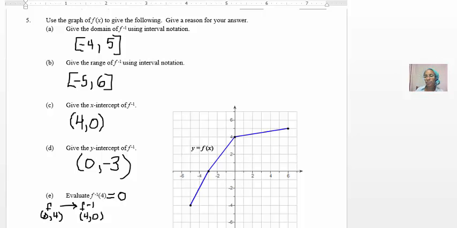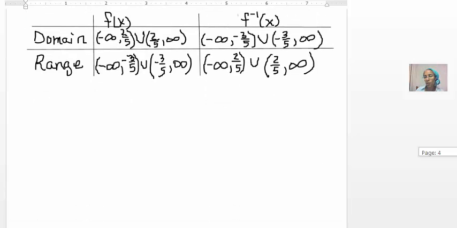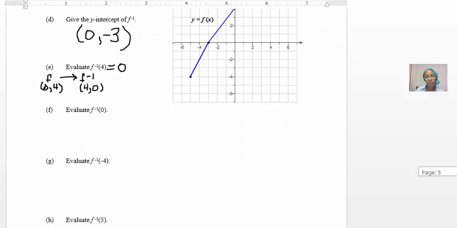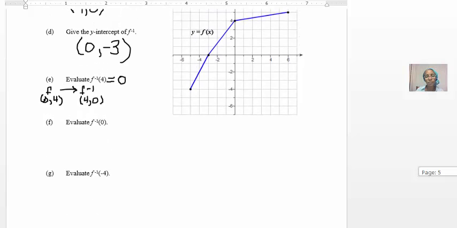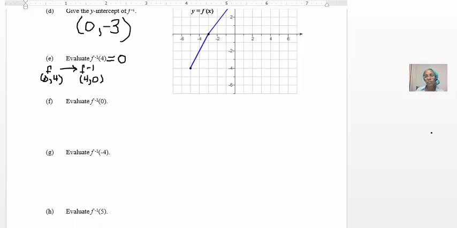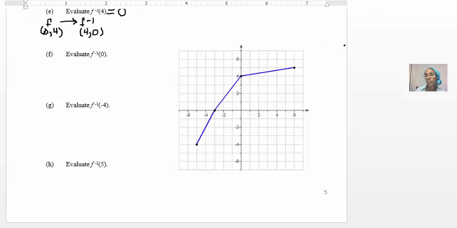And we could do that for more points than just that. And here we're asked about some others. Using the same line of reasoning, f inverse of 0 basically means we want to find the point on f whose y is 0.